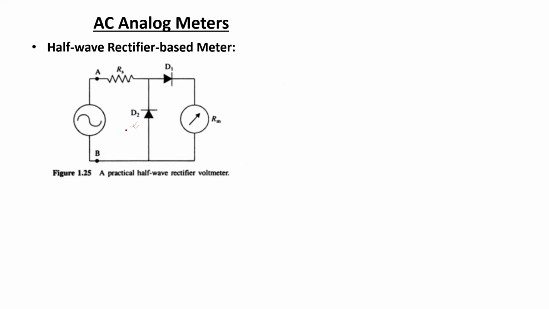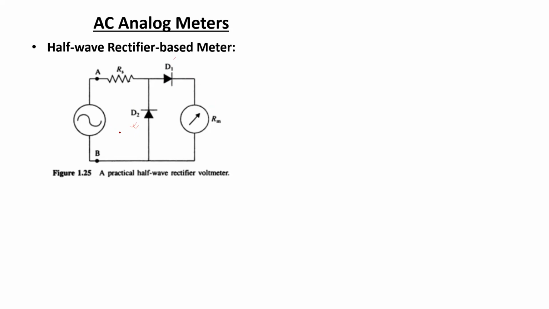As this diode conducts, the rest of the circuit from D1 up to the PMMC will be disconnected from the flow of current during the negative half cycle.